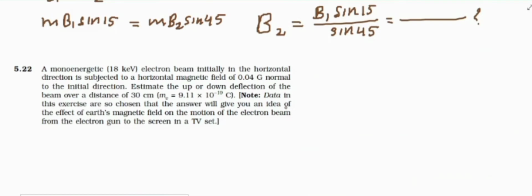I think you can take 0.4 Tesla. Then only you get the correct answer, I think. Not Tesla, sorry, Gauss. 0.4 Gauss, normal to the initial direction. Estimate the up or down deflection of the beam over a distance of 30 centimeter. Also, electron mass is given. Okay. So here.